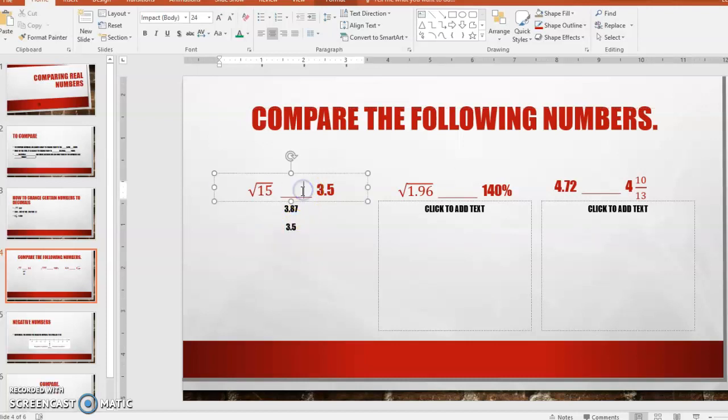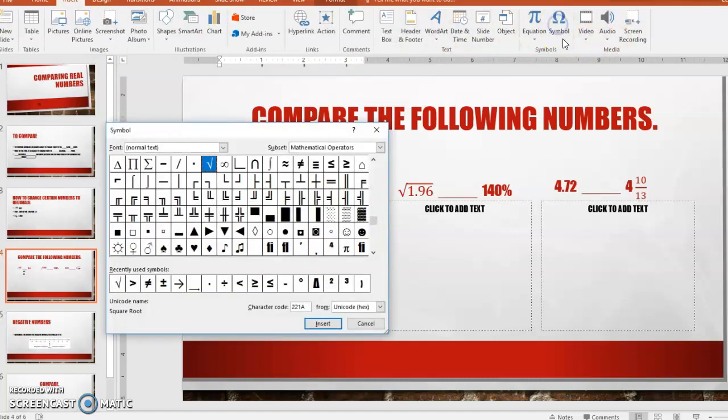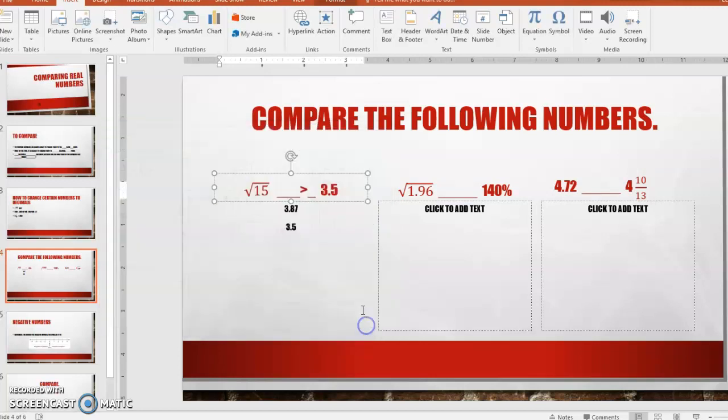So which one is greater? I hope that you are saying that the square root of 15 is greater, and I'm going to find our greater than sign and insert it right there. So the square root of 15 is greater than 3.5.